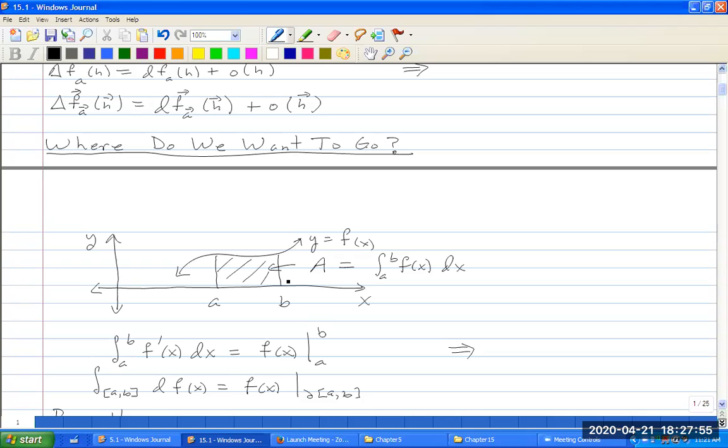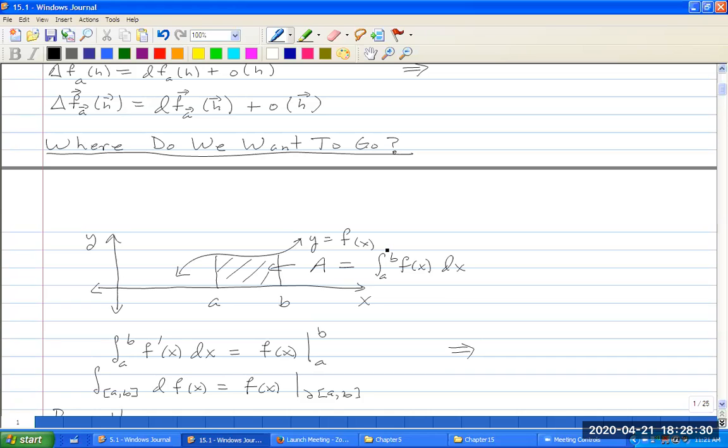So now, where do we want to go? Well, we want to look at not only derivatives, but integrals. In the one variable case, suppose I have y equal f of x, and some endpoints a and b. I'll assume that they're finite, though they don't have to be. Then the area under the curve is just the integral from a to b of f of x.